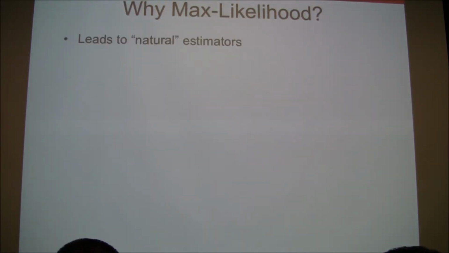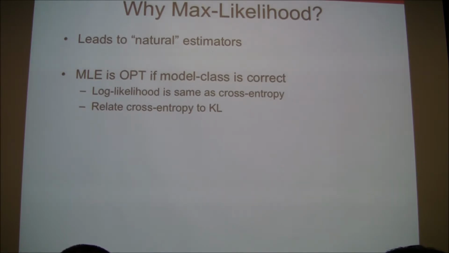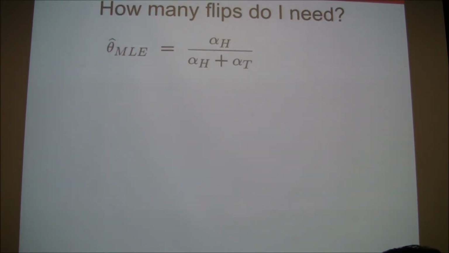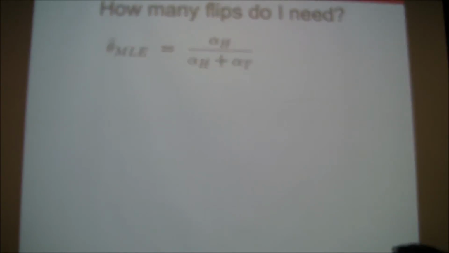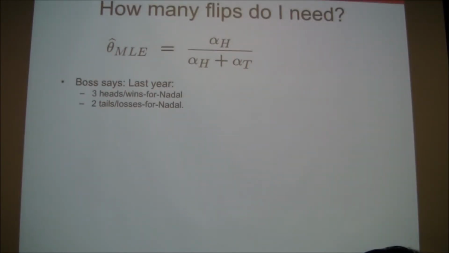Okay, so this maximum likelihood is an example of frequentist estimation. And you'll know in a second why I'm saying that. So you come up with this estimator, number of heads over number of heads plus tails. Your boss says, remember we were counting for Nadal. Last year, 3 wins for Nadal, 2 losses for Nadal.